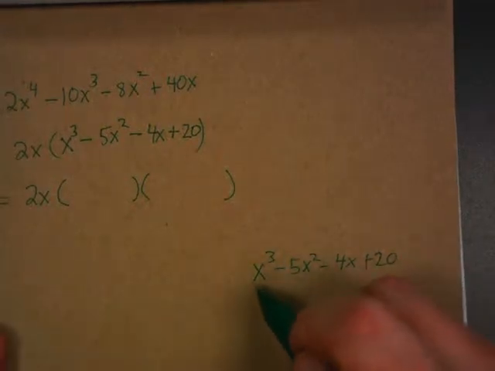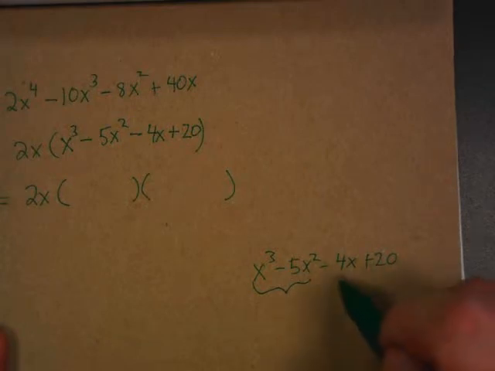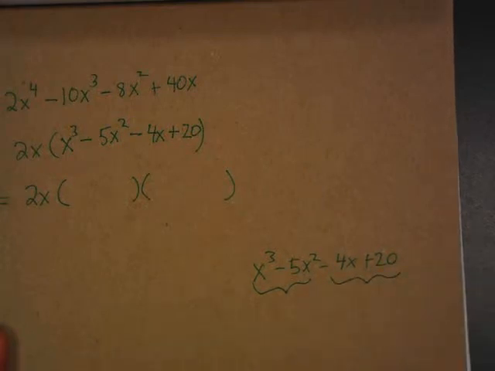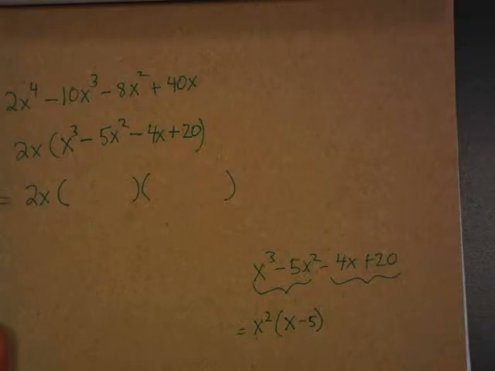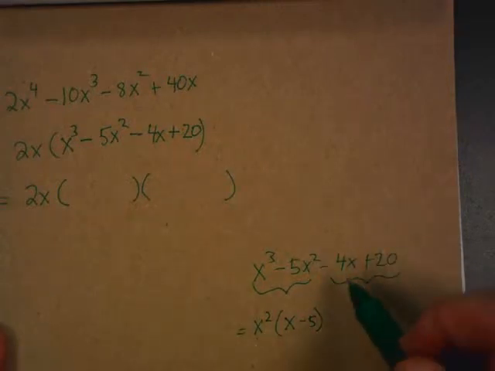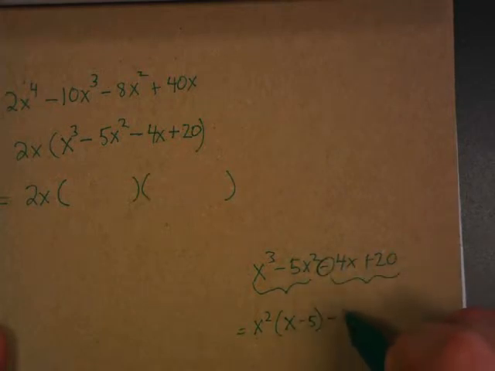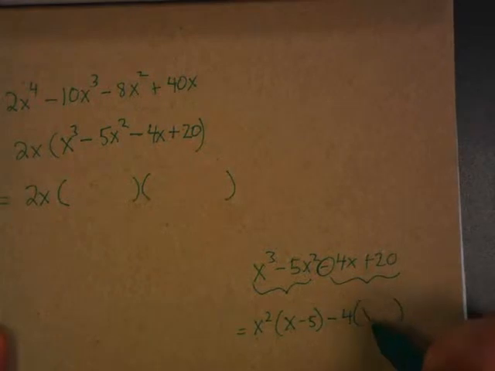All right, so we take out of the first group x squared, and left over x minus 5. Second group, a negative 4. Excellent. This is a minus here, so we're going to do a negative 4, left over x minus 5.